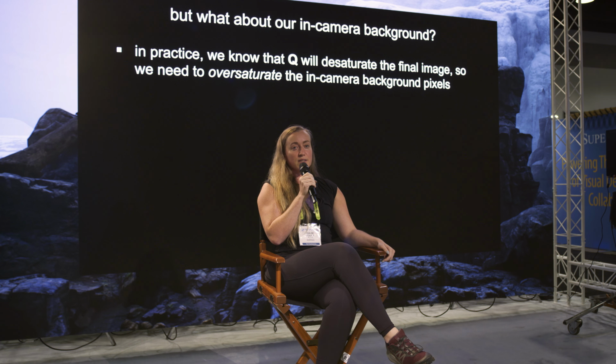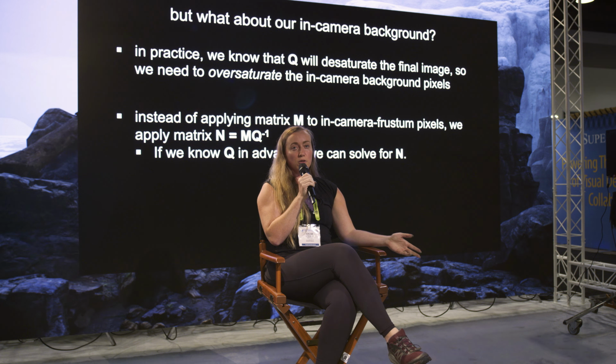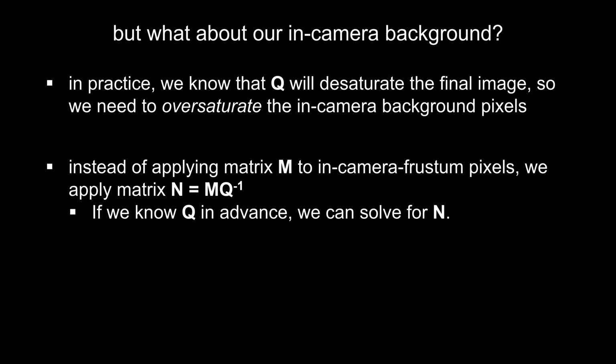And so what that means is that we need to oversaturate the pixels of the in-camera background so that when we post-correct it, it'll look correct. So instead of applying our original calibration matrix M to the in-camera frustum pixels, we're going to instead apply a new one that we're going to call N, which is M multiplied by the inverse of our post-correction matrix Q. And if we know Q in advance, then we can solve for N very easily.